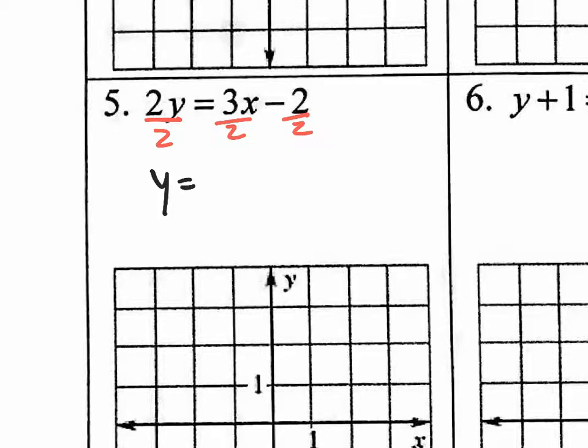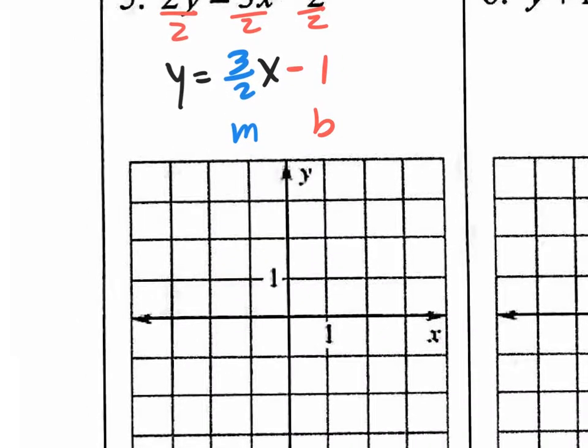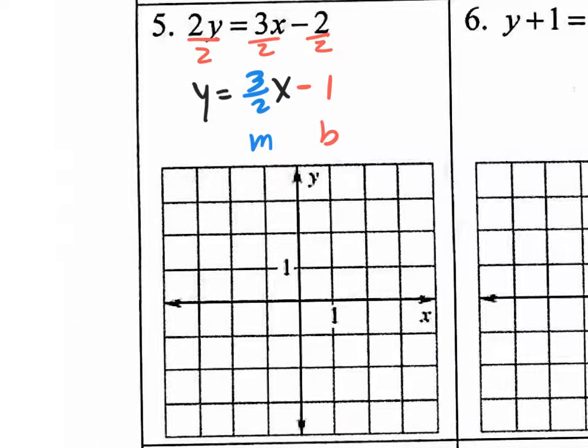Y equals 3 over 2 x minus 1. And I put the slope in blue and the y-intercept in red, so it'll be really easy to graph. So it crosses the y-axis at -1. Then from that point, you're going to go up 1, 2, 3, and over 1, 2.